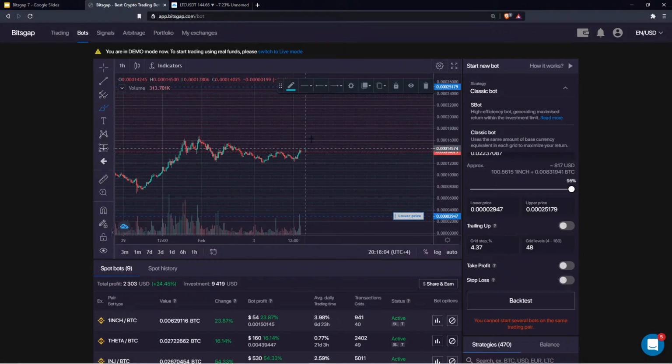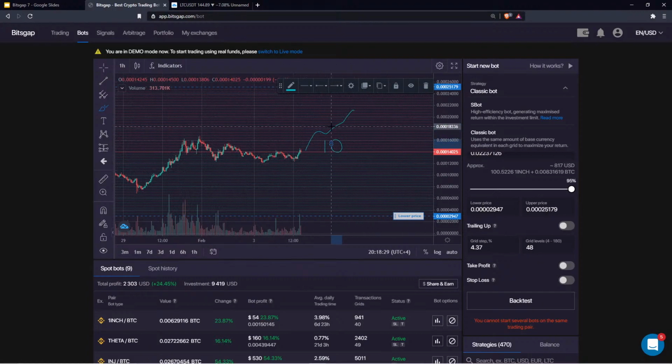So for the classic bot, when the price is rising, the price per one coin increases, right? So in order to buy the same amount as before, let's say 10 coins, this would require you to spend more. And this is what the classic bot is going to do. It's going to spend more to buy these 10 coins. So this means that your investment is now bigger.